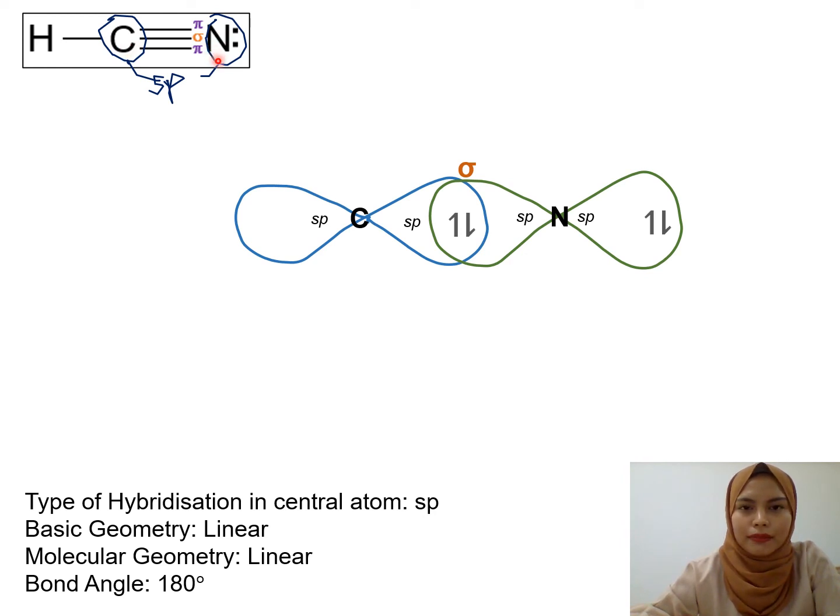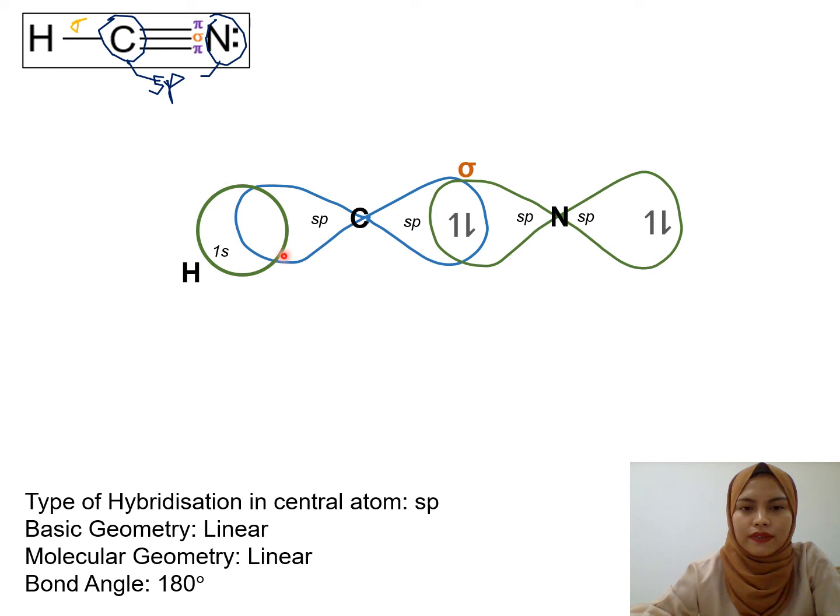Okay, Miss biasa suka settlekan sigma bond, orbital overlap, baru Miss buat pi bond. Okay, sebab it's easier that way. So another sigma bond yang ada dekat dalam molekul ni adalah between this carbon dan juga hydrogen. Hydrogen dia punya valence atomic orbital dia adalah 1s.